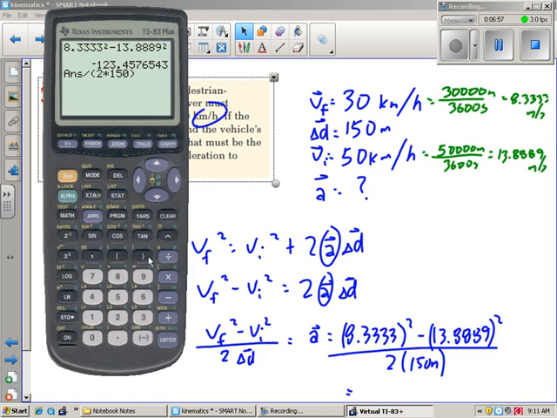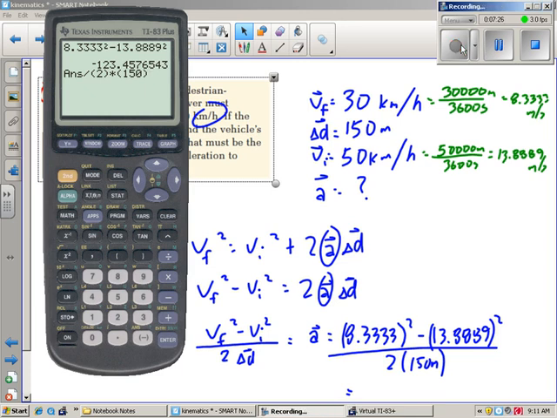Notice where I used the brackets? Everything on the bottom was inside the brackets. The reason I did that is because if I do this, then my calculator will interpret that as whatever was on the top divided by 2, then everything multiplied by 150.